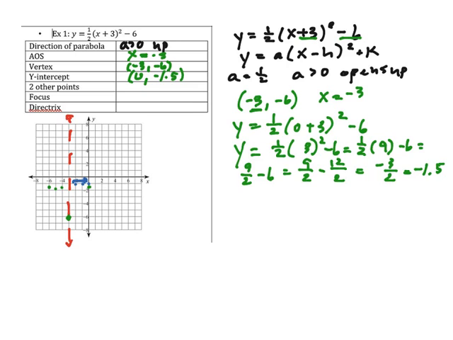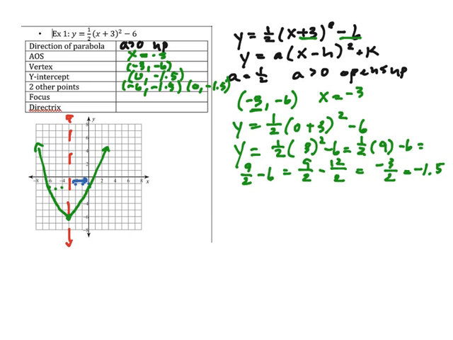It's going to be right here, guys. So the other point is -6, -1.5, and also 0, -1.5. That's enough points to graph. There is our beautiful parabola.